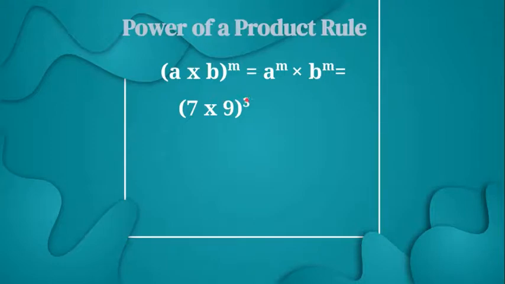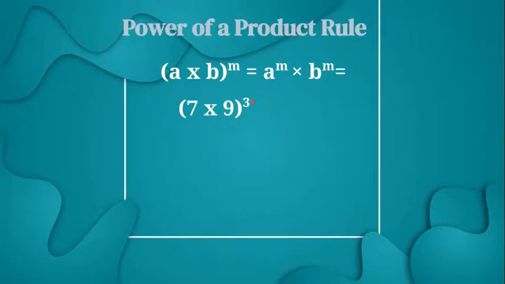So here, as you can see, we have two numbers, 7 times 9 in brackets, and then another exponent outside the bracket. This means you have to distribute the exponent to the two numbers in the brackets. Again, you need to distribute the exponent outside the bracket into the two numbers inside the bracket.